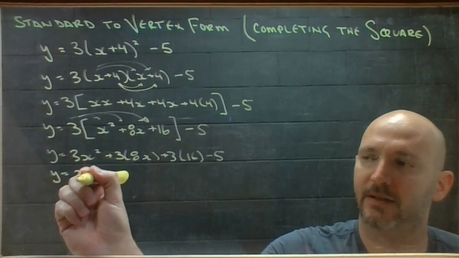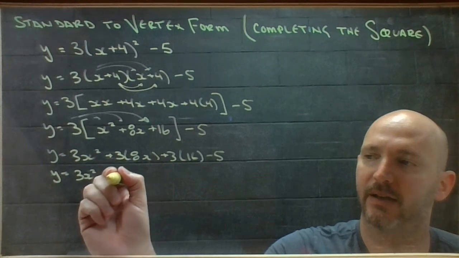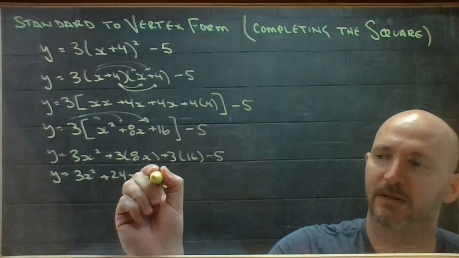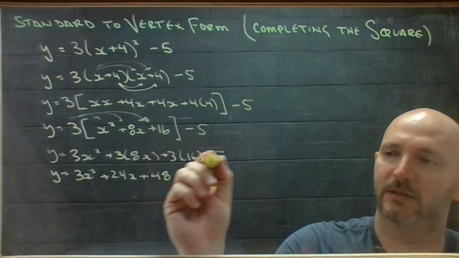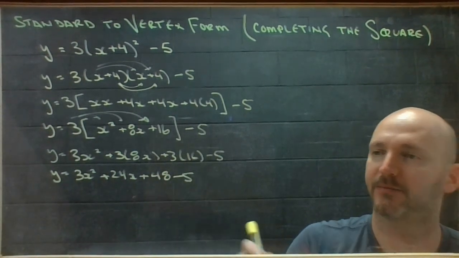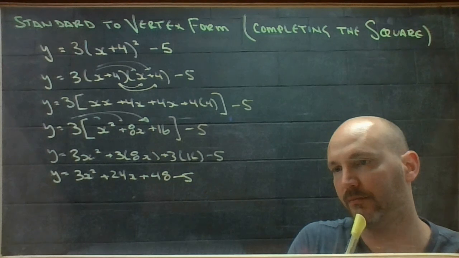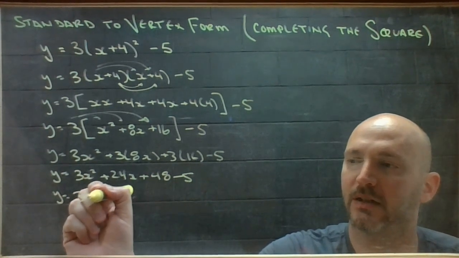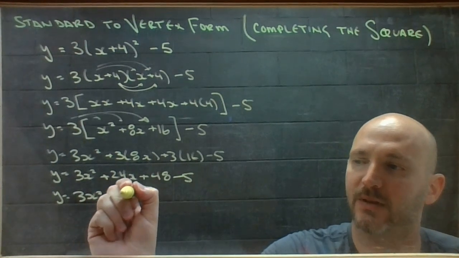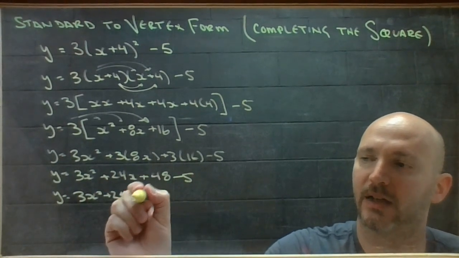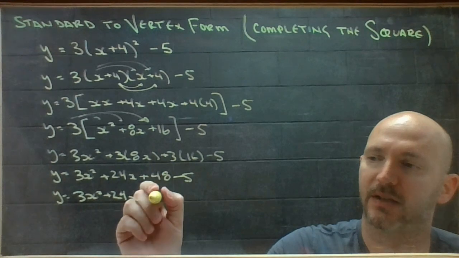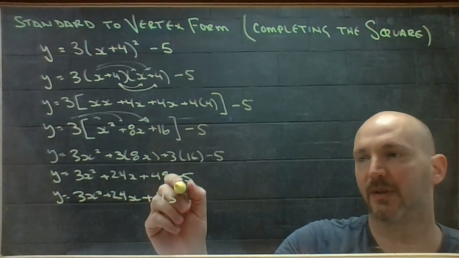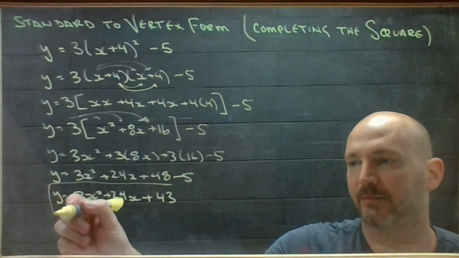Nothing I can do with that. 3 8s is 24. 3 16s is 48. And subtract 5. And 3x squared plus 24x. 48 minus 5 is 43. Okay, so there you go. There's our standard form.